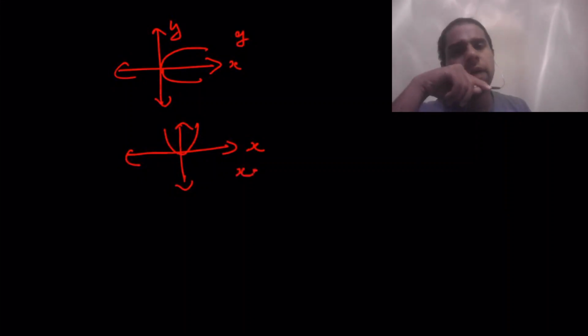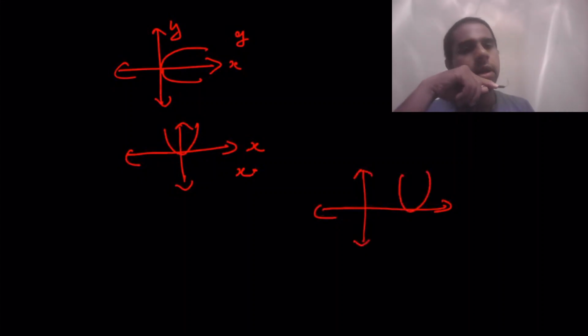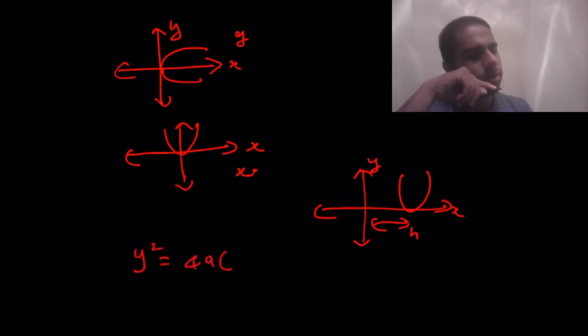You can also have a parabola that is displaced by some distance. For example, I can have a parabola like this, displaced by some distance in x direction. If it is displaced by some distance h in x direction, you can write y square is equal to 4a into x minus h.